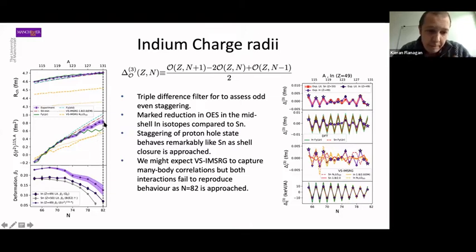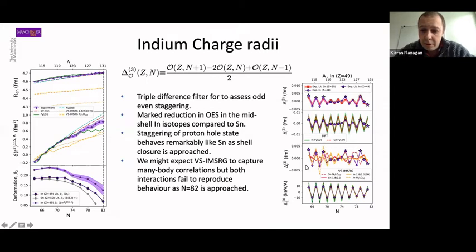Now, these are preliminary calculations, so this isn't yet the full story, and I'm sure we'll hear more about this later, and there are probably updates from the version that I've been working from. But this is certainly a preliminary status. If we use this three-point difference filter to assess the odd-even staggering, and then look at the odd-even staggering compared to tin, we see that the tin and indium isotopes have a very similar trend, with a reduction in the mid-shell and an opening up as the shell closure is approached, which is not reproduced by the DFT calculations.